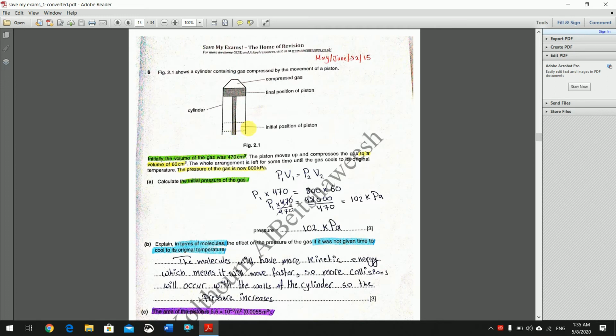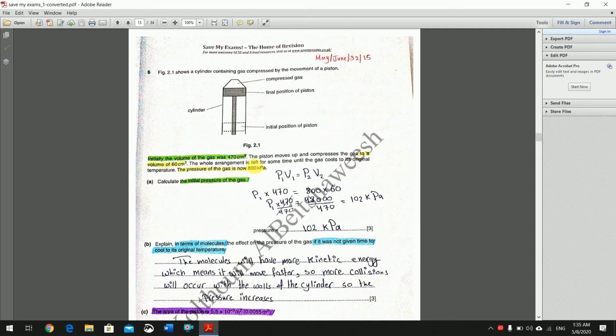The initial position was here, and then we pushed it right to the end. Initially the volume of the gas was 470 centimeters cubed. When it was here, the piston moves up and compresses the gas to a volume of 60 centimeters cubed, which is here. The whole arrangement is left for some time until the gas cools to its original temperature.